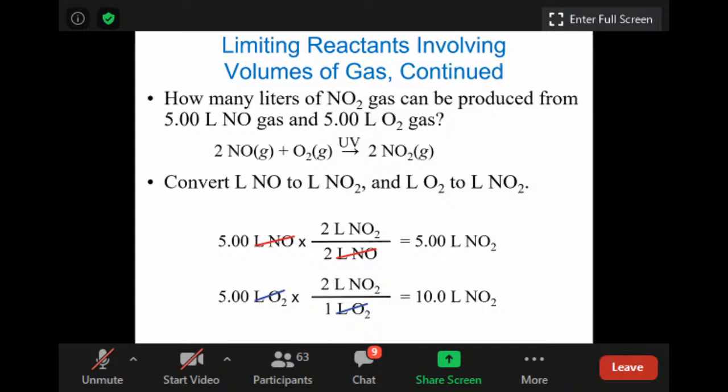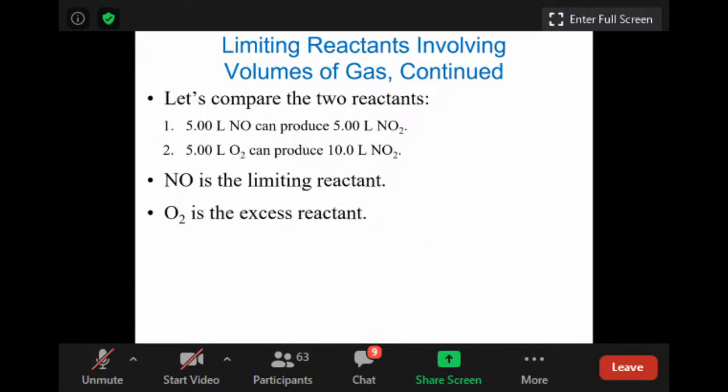All right, so which one is limiting? Which is in excess? So here we go. Let's compare the two reactants. 5.00 liters of NO can produce 5.00 liters of NO2. 5.00 liters of O2 can produce 10.0. So therefore, NO is the limiting reactant. This is the volume here. O2 is in excess.